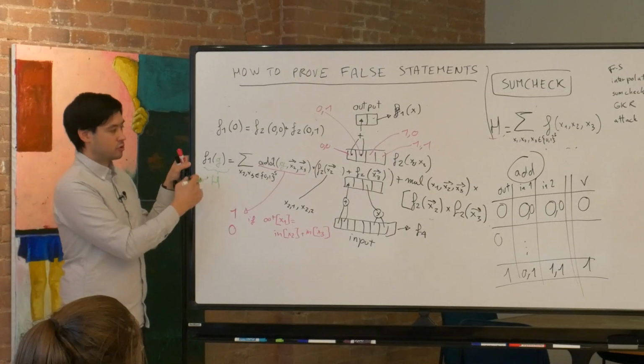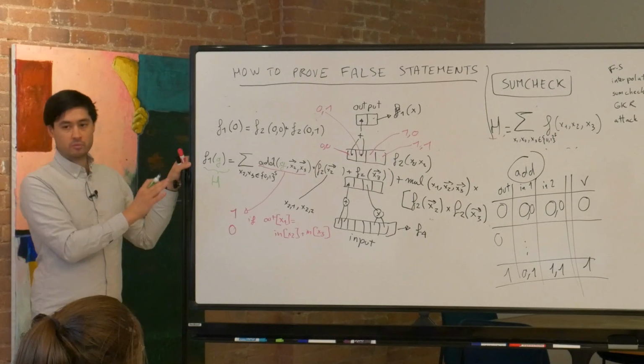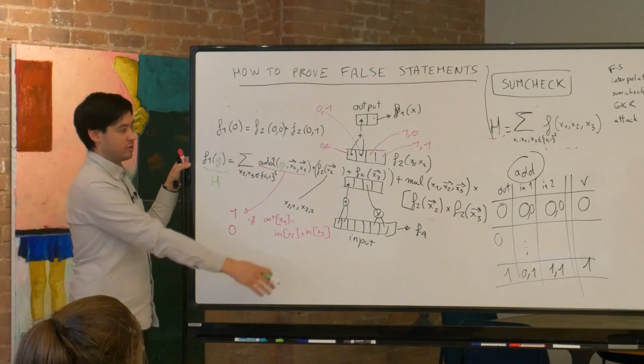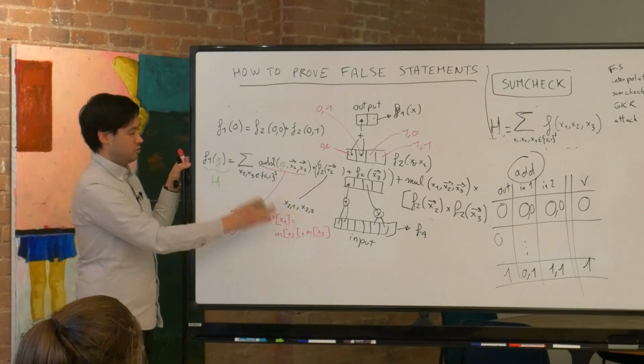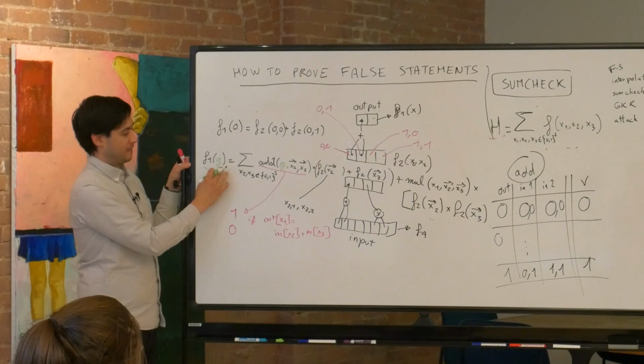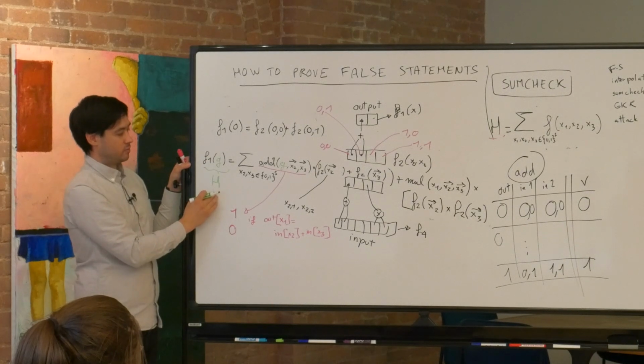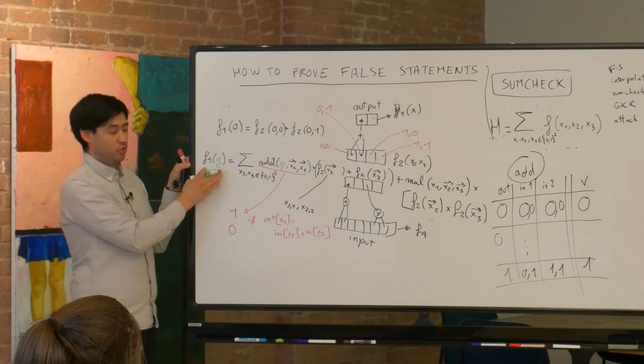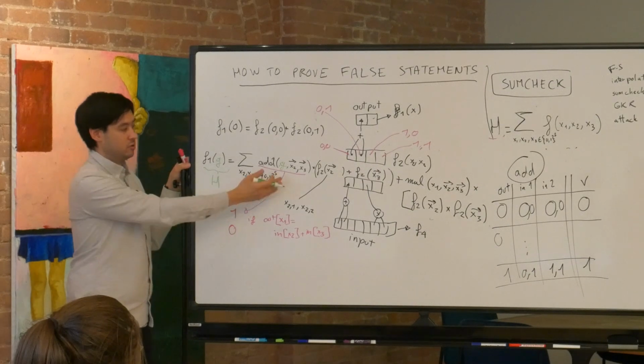And so now you can just go with the Sumcheck protocol. The first step is that you look at this instance, you create a random value G to evaluate the output layer at G to get H, and then you do the Sumcheck with this thing.